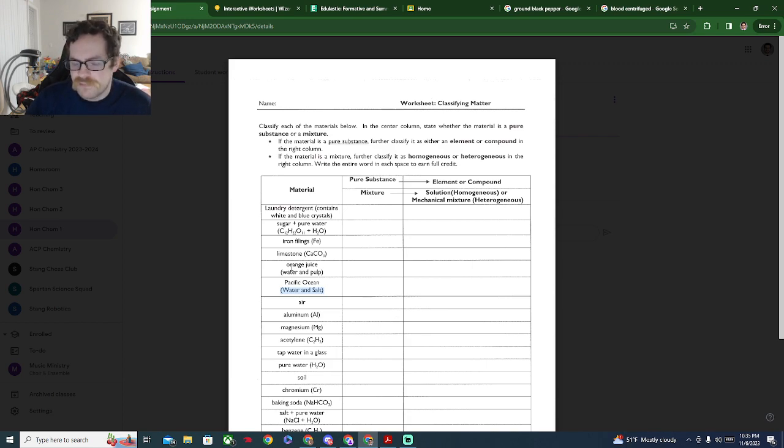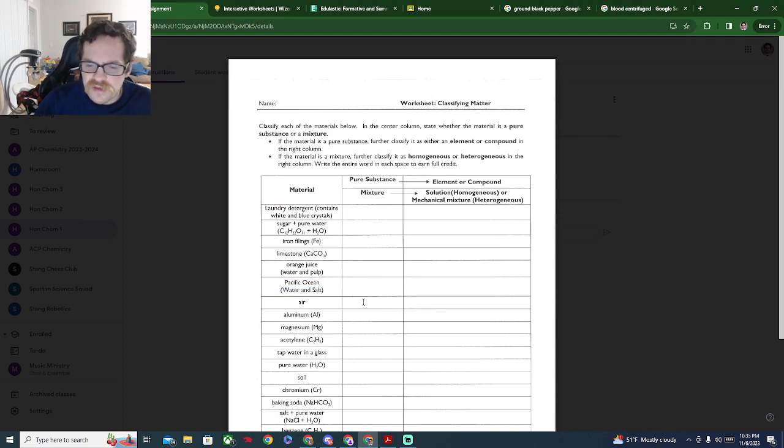The fish, algae, and other different aquatic fauna and flora. The Pacific Ocean is one giant mechanical mixture. You can yourself start separating parts of it if you just go fishing, right? Or grab a strainer and just pick up some water.